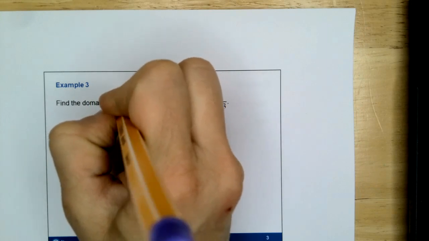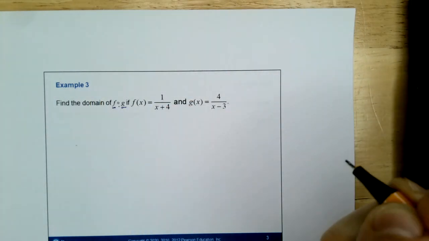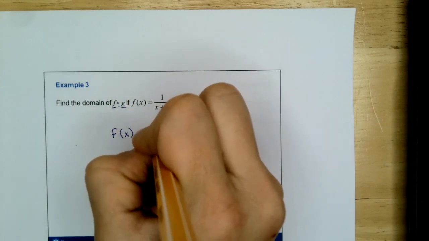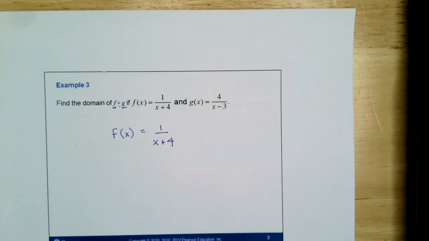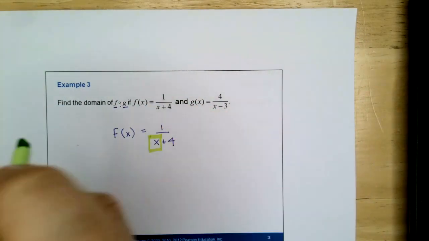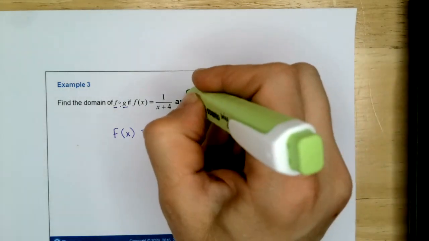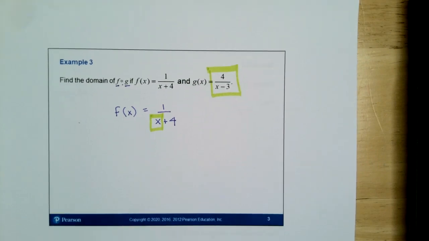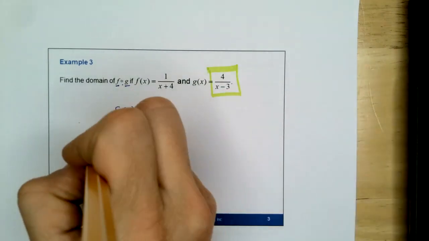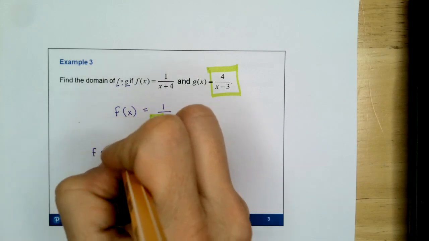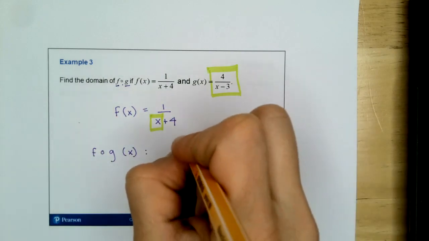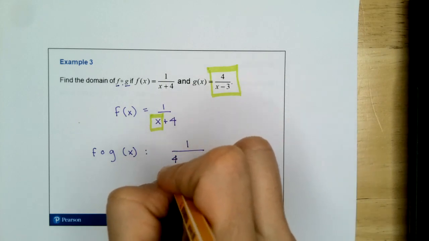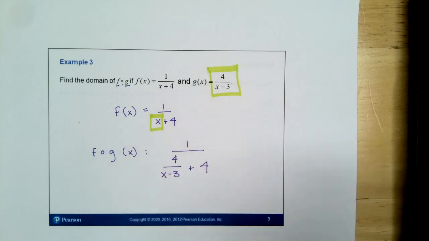f of g of x. So we're going to take f of x, but anywhere that there is a variable, we're going to take that and substitute it with all of g. So instead of f of x is equal to 1 over x plus 4, we're going to have f of g of x, which is 1 over 4 over x minus 3 plus 4.